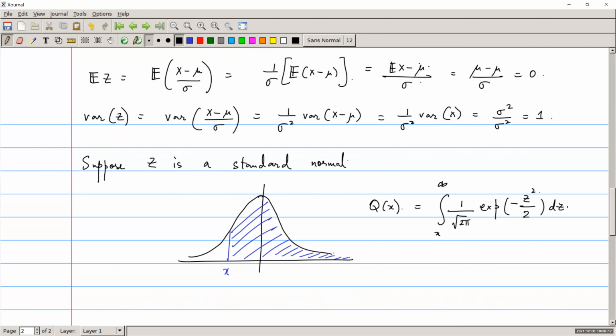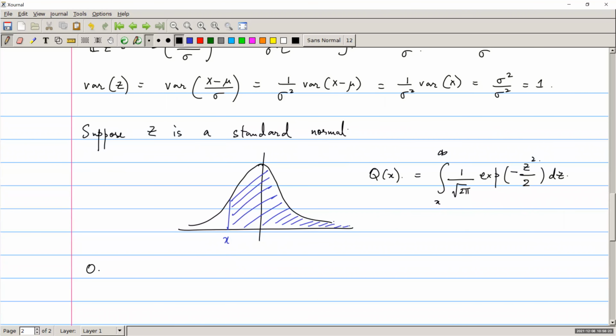Okay, so this is q of x. So what will be q of negative infinity? That's just 0. No. So Q of negative infinity will be the area under the PDF overall. Oh, sorry, I was looking backwards.